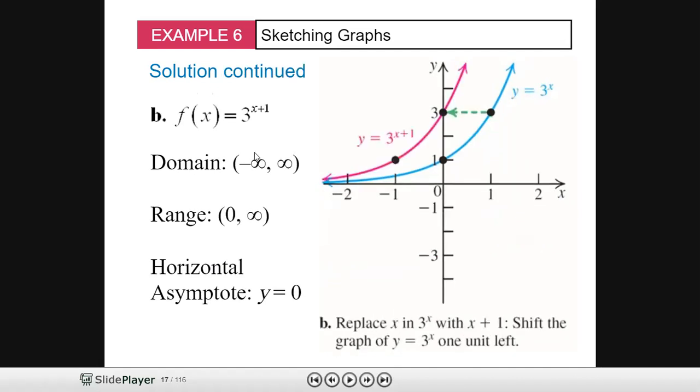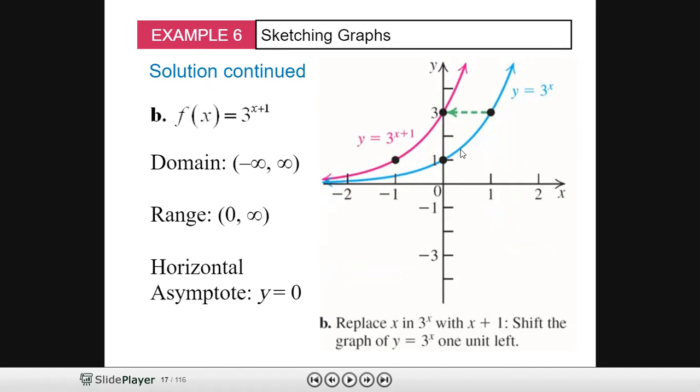So the next is b. Here we have f of x equals 3 raised to the power x plus 1. So when you are taking x plus 1, the blue color is representing the actual graph. Now it's transforming in the way that x plus 1.